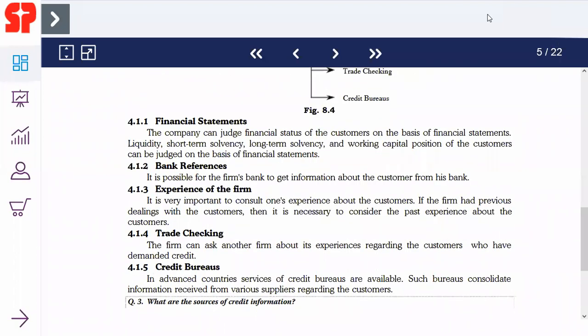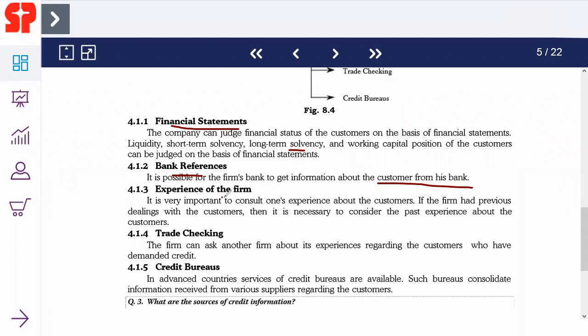See, first main source is the financial statement of the customer. There you will come to know about the capacity, capital, solvency, status of the customer. Then you can take the information from the customer's bank. Normally sometimes banks also give letter of credit, etc., in favor of their customer. That can be one thing.